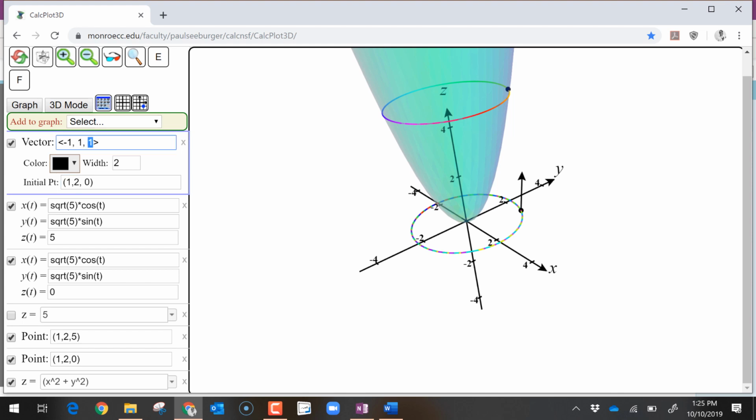And for my vector, I'm going to keep my z at 0 so that it's just flat on the xy plane. And then what was my gradient again? It's 2x, 2y, but then we put in values. What was it? 2, 4.